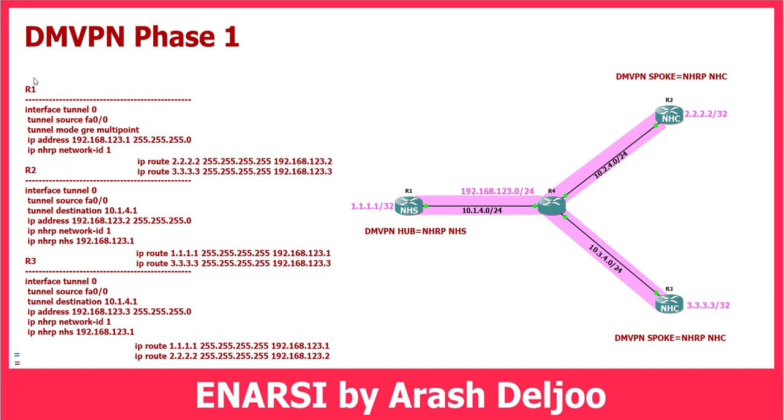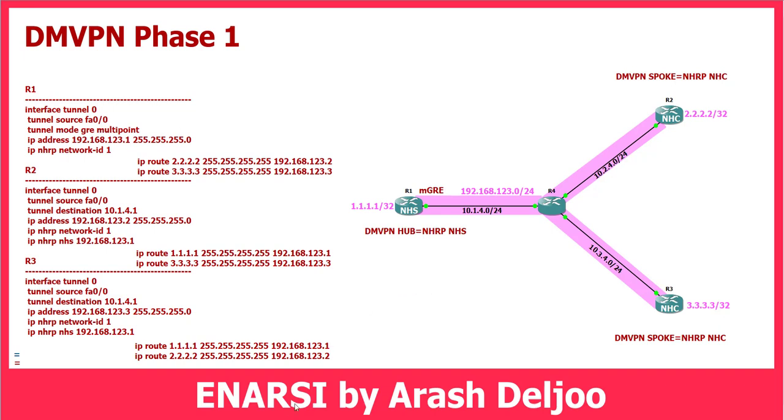All right, this is the configuration of R1, the DMVPN hub or NHRP NHS. Look here. We should configure one mGRE tunnel, interface tunnel 0. For an mGRE tunnel, you know that we are configuring only the tunnel source, not the tunnel destination. Because of that, on interface tunnel 0 the tunnel source is FastEthernet 0/0, and we are using 10.1.4.1 as the source IP of the tunnel.